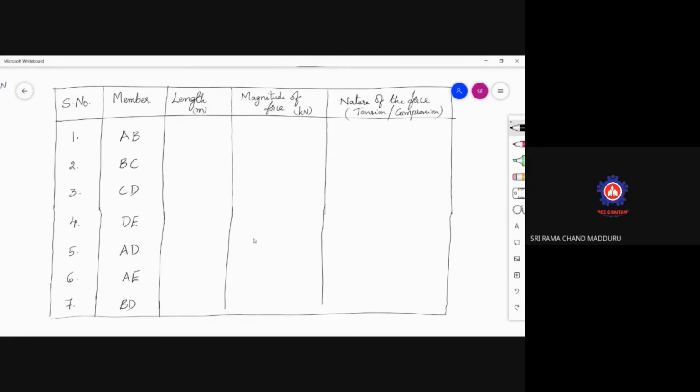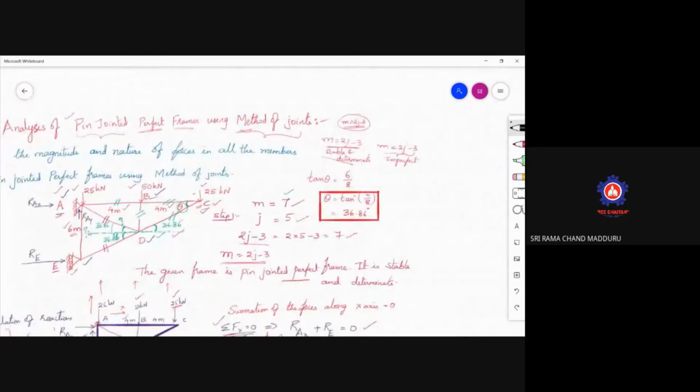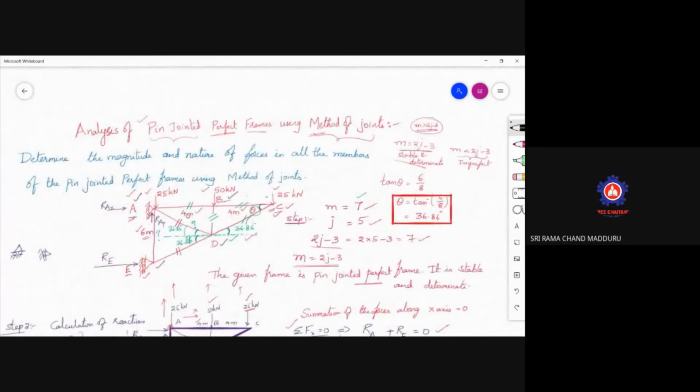Now we need to represent them with the lengths of the members. What is the length of the member? AB is 4 meters, given. BC is 4 meters. Go to the diagram; it is given as 4 meters. BD is 3 meters, this is 3, this is 4. This is the square root of 3 squared plus 4 squared.